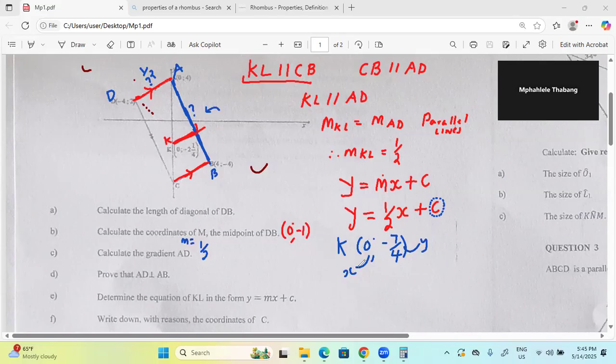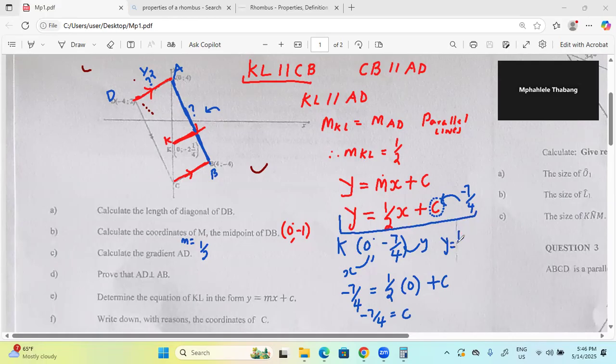So minus 7 over 4 equals 1 over 2 times my x, which is 0, plus c. Therefore, minus 7 over 4 equals c. So the equation of the line is y equals 1 over 2 x minus 7 over 4. That is the equation of the line KL.